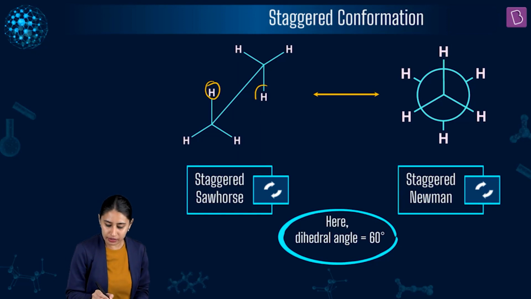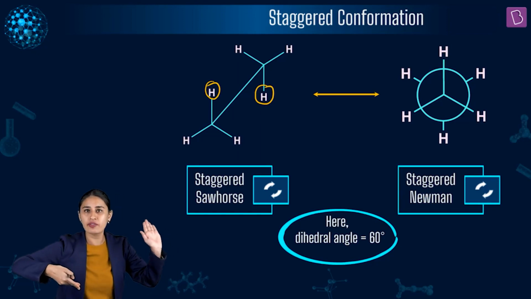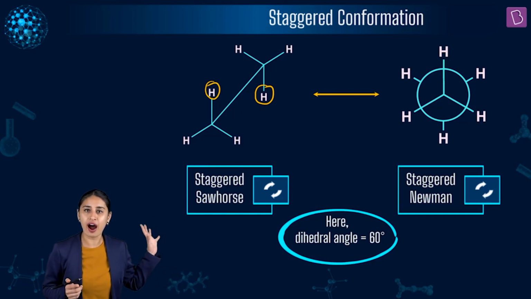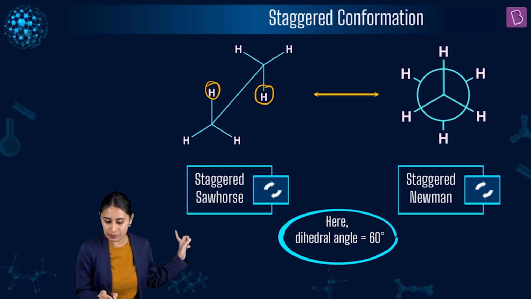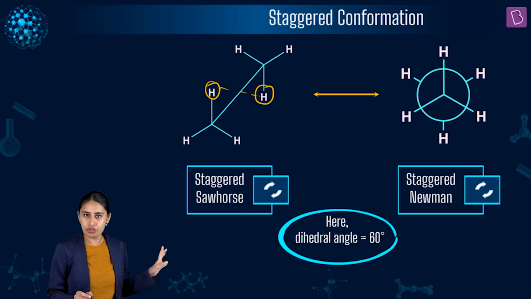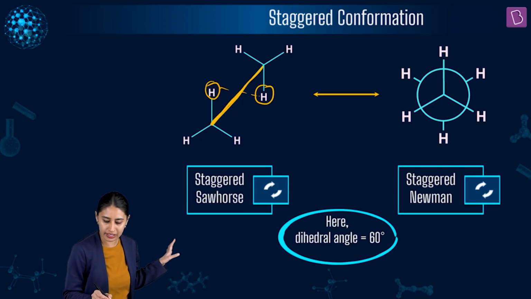Look at this hydrogen and look at this hydrogen, just as far away as possible. You can't have any other extremity here. These are the farthest possibility for these two atoms. In the sawhorse projection, I'm sure it is easily visible because we are seeing it along the molecular axis.